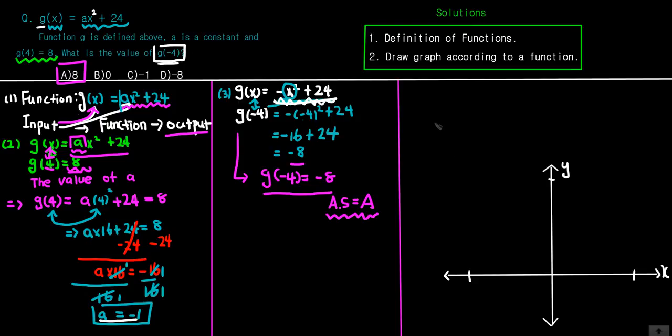Let's talk in terms of a function graph. We can write our function right now: g of x is equal to negative x squared plus 24.